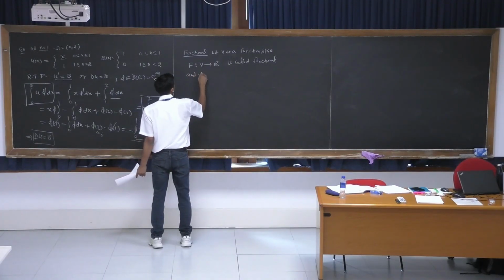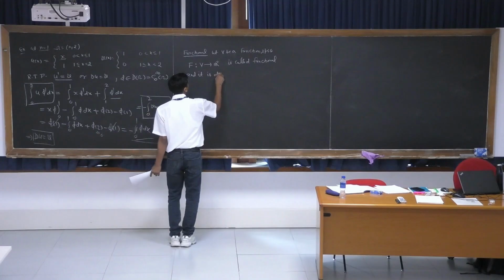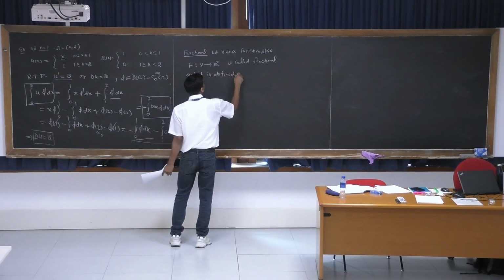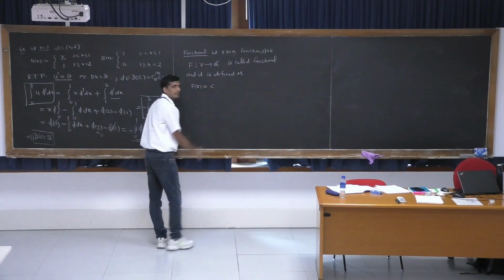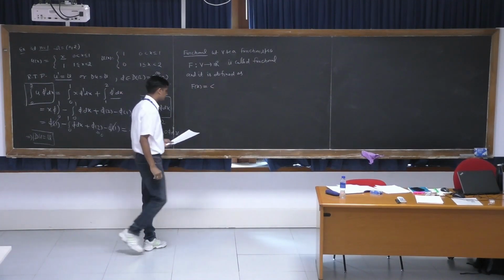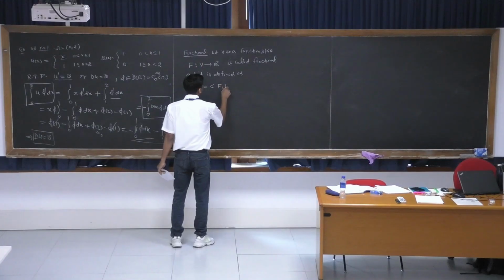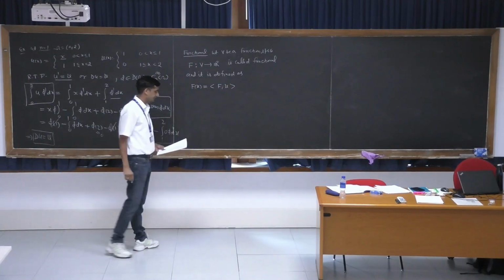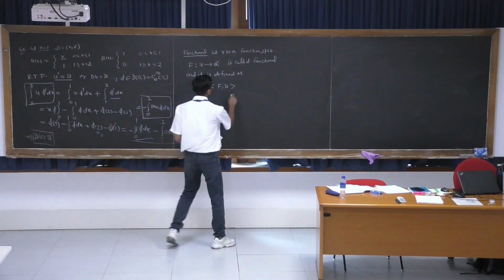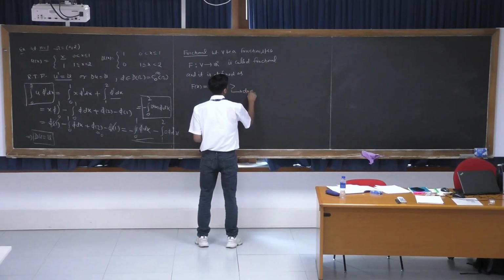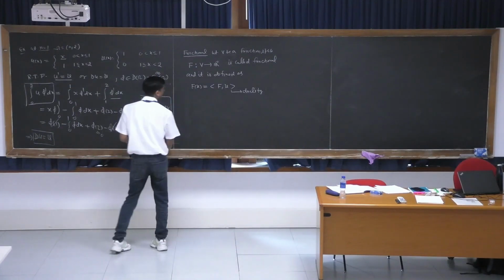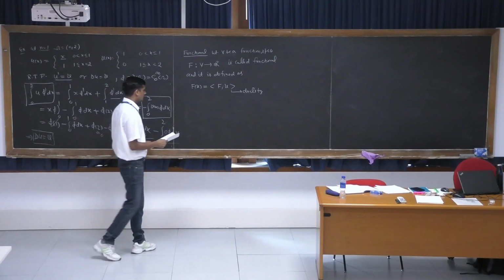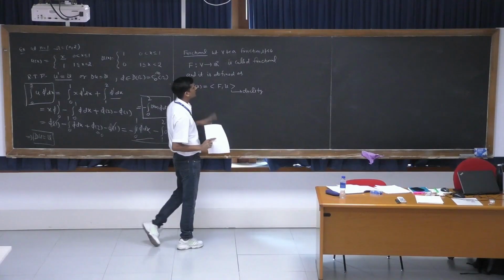It is defined as f of v is equal to capital F and v. This is, you can say, the duality in some sense of the inner product. So this is called a functional.